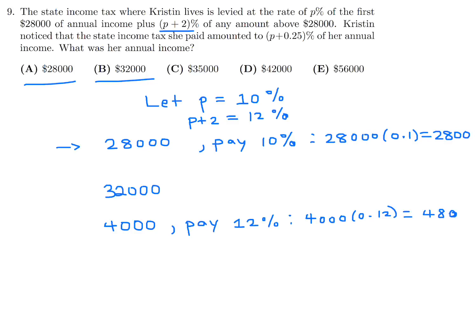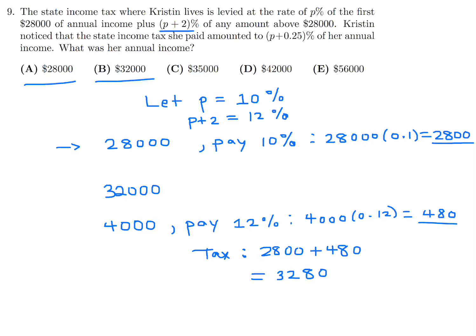So now, what is the total tax that she's paid? Well, she paid $2,800 plus 480, so total tax, $2,800 plus 480, which is $3,280 that she paid.